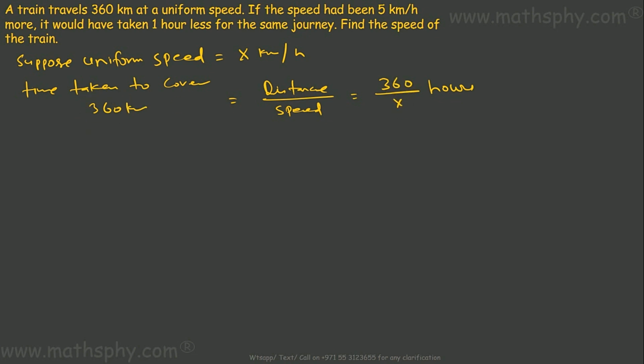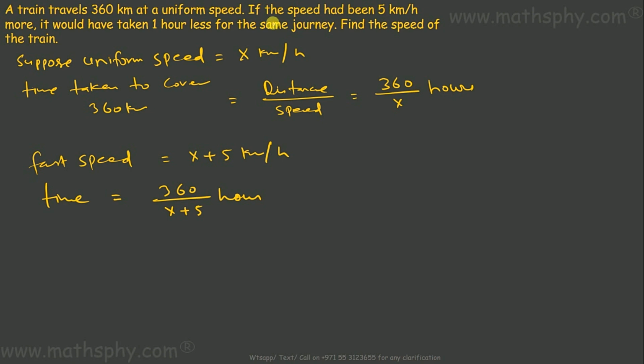Then it says, if the speed had been 5 kilometers per hour more, the faster speed would be x plus 5 kilometers per hour. In that case, how much time will it take? It will take 360 over x plus 5 hours. At this speed, it will take this much time.